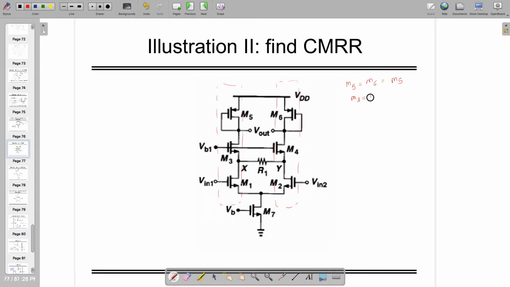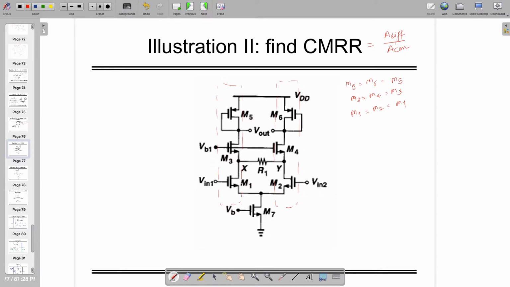M3 is equal to M4, let's call it M3. M1 and M2 are identical, let's call it M1. When I say this, GM and RO are actually matching. And as this is for CMRR, we need differential gain divided by common mode gain. We need to find out its value.